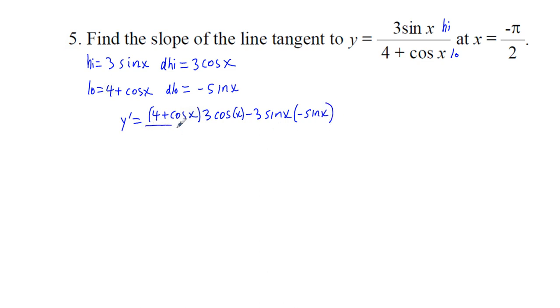And it's going to be all over low squared, which is going to be 4 plus cosine x squared.